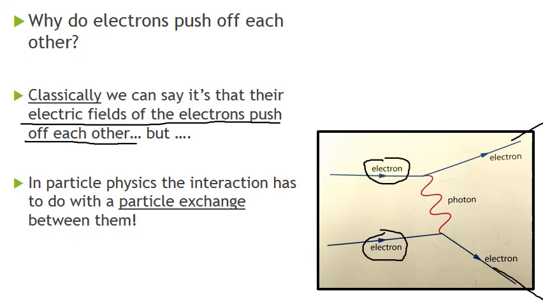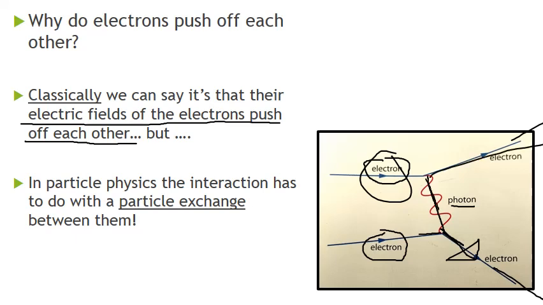And what actually happens is there's an exchange of a photon. So this electron shoots a photon off like this. It hits this electron, in conservation of energy and conservation of momentum. They both head off. It absorbs it. This electron, however, when it shoots this off, goes off in this direction, conservation of momentum.